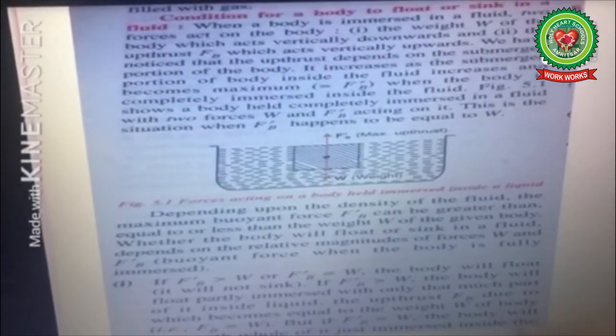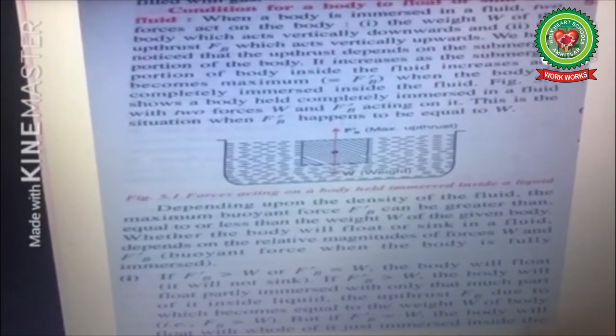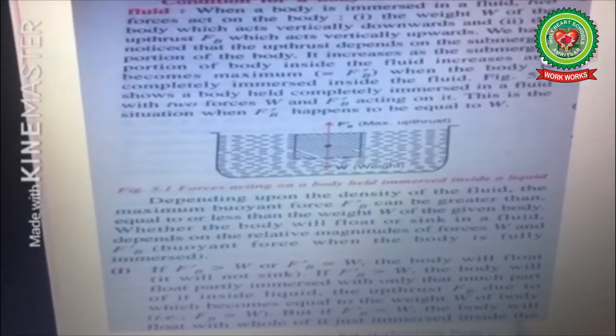And in case these two forces are equal, W is equal to FB, the body will float like this, the way it is floating in this diagram, completely submerged in liquid. When FB is greater than W, the body will float partially immersed in the liquid.